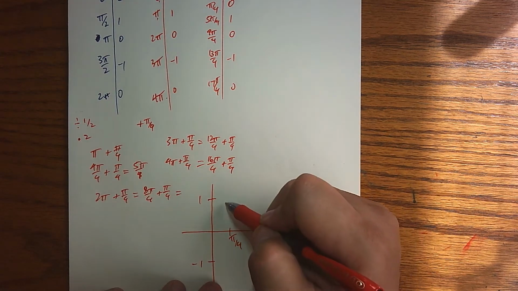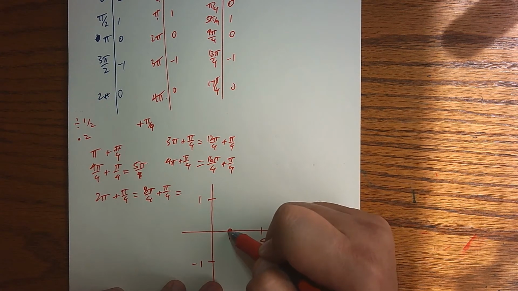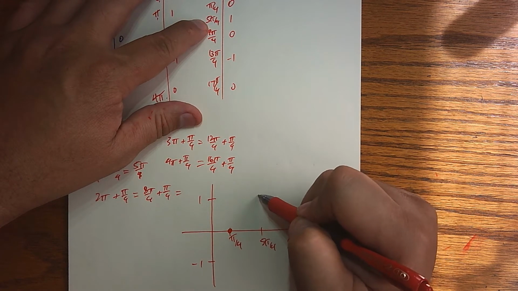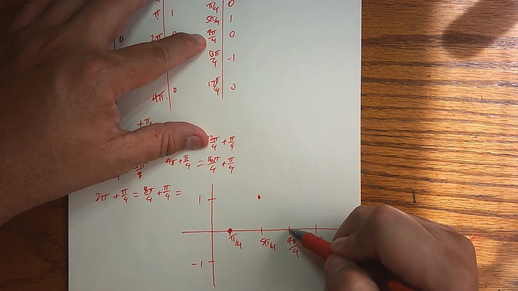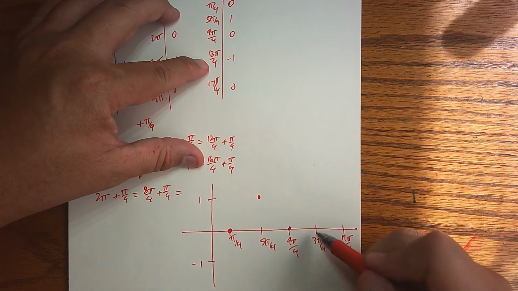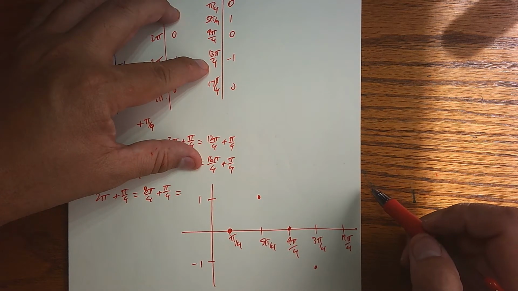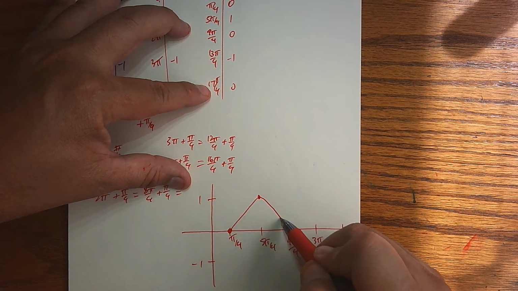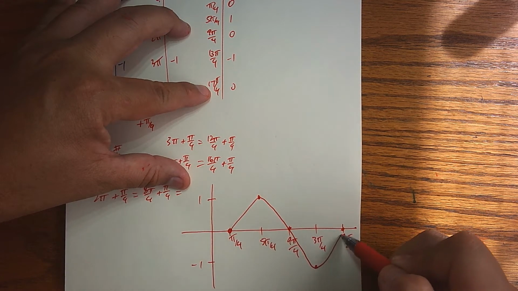And so the graph starts at pi over 4, 0, and then 5 pi over 4, 1, and then 9 pi over 4, 0, 13 pi over 4, -1, and 17 pi over 4, 0. So there's this new graph over one of its cycles.